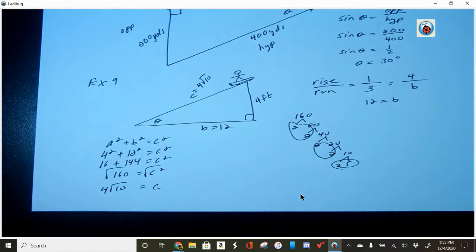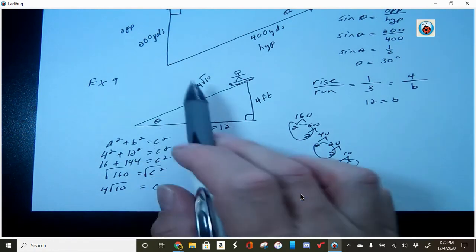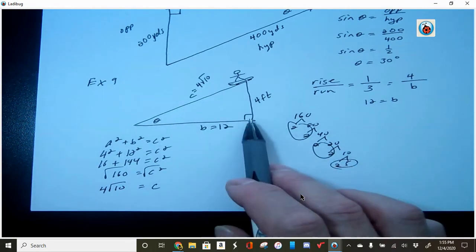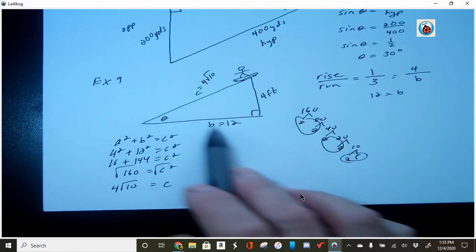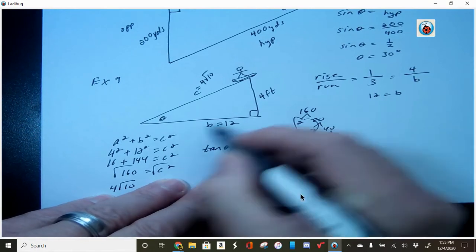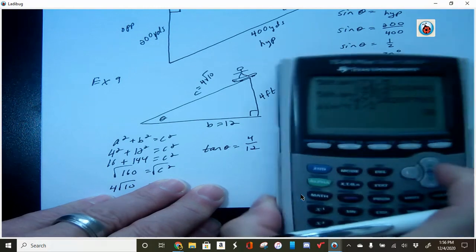Okay, last thing. Let's find the angle measure. I'm going to steer away from that. I'll use these two right here. It looks like I'm dealing with the opposite side, and the adjacent side. So that's going to be tangent, opposite over adjacent. So again, I'm looking for an angle measure.